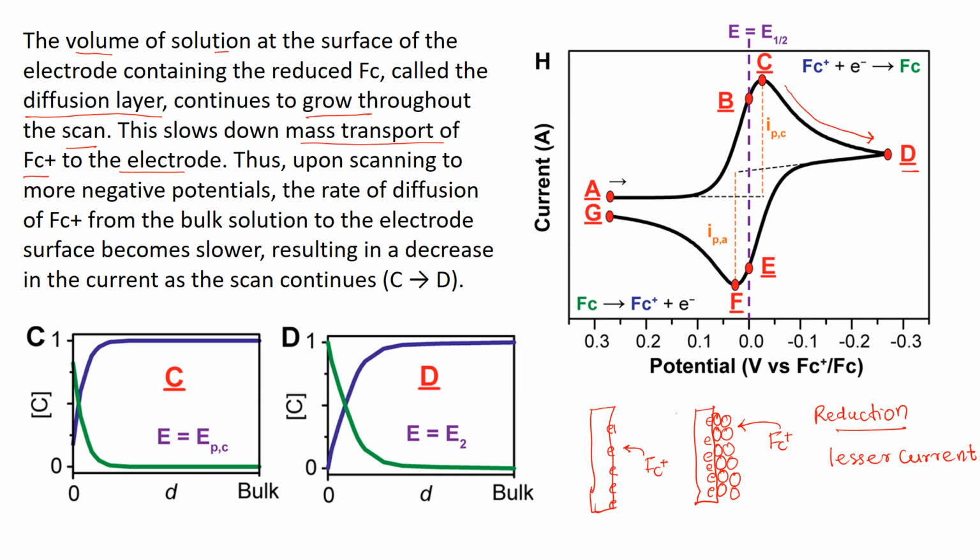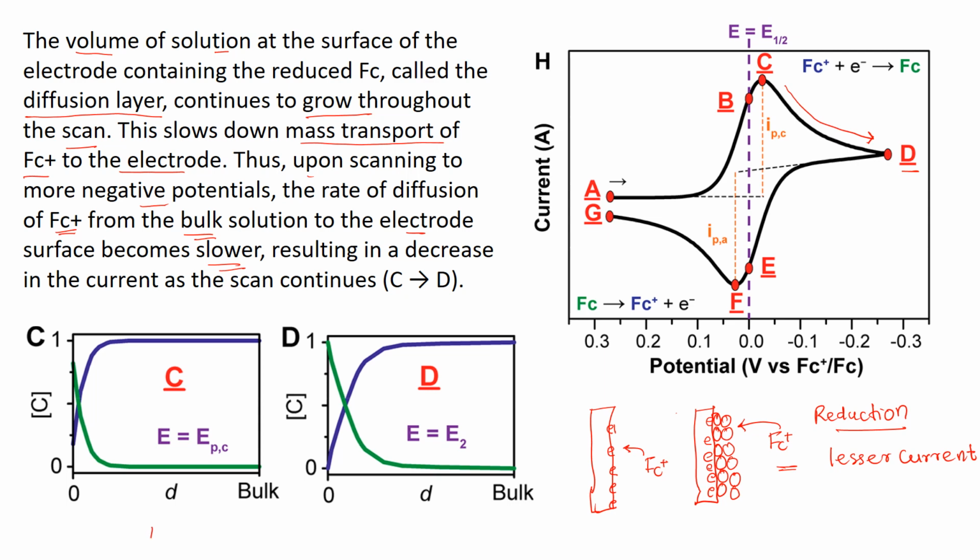Now this is the conclusion. Upon scanning to more negative potential, the rate of diffusion of Fc plus from the bulk of the solution to the electrode surface becomes slower. Slower means the rate is less, lower rate.